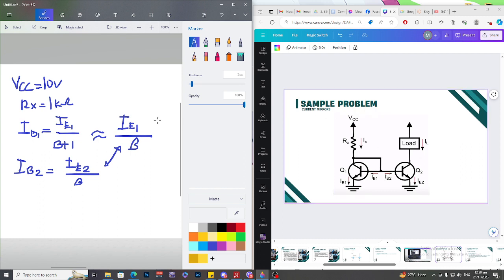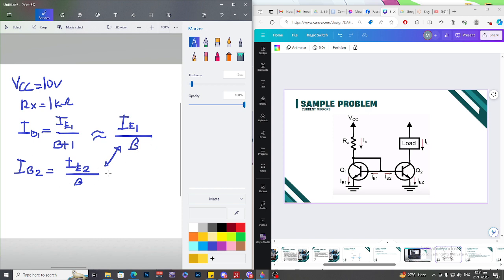That's the good thing about current mirrors. We can assume that they are at the same value since they are mirrored. But we must take into consideration that they are mirrored properly so that we can take the formula from one another. But if they are not mirrored properly, there are instances where we will derive formulas from that.